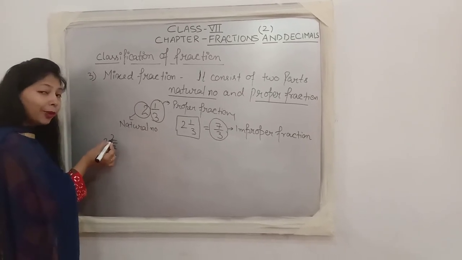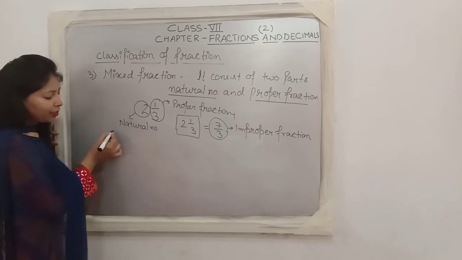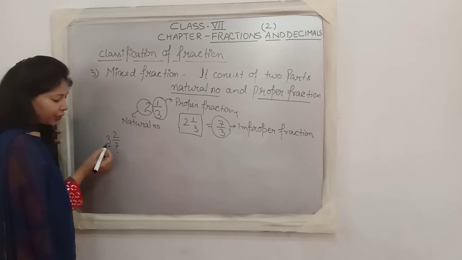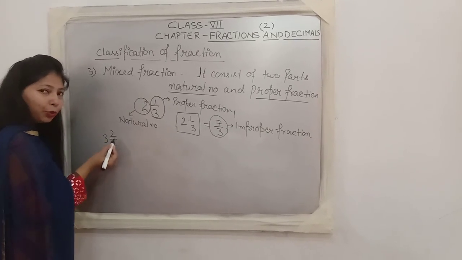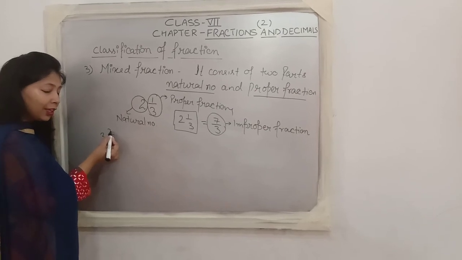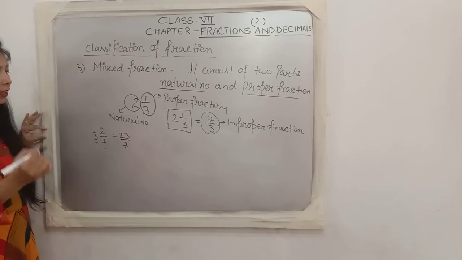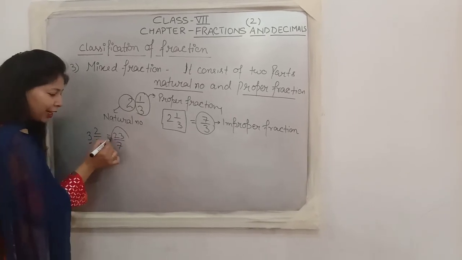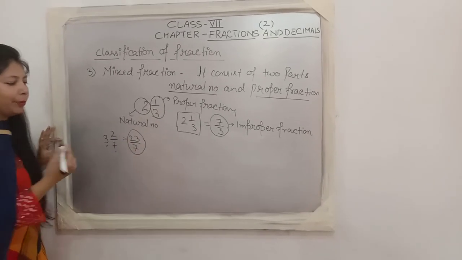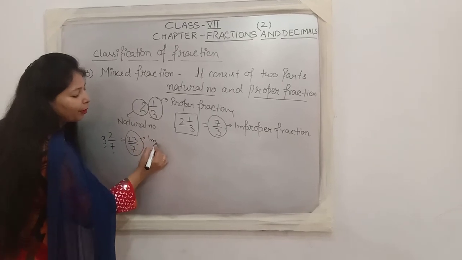Here the numerator is less than the denominator, so this is a proper fraction. Now 3 7s are 21, 21 plus 2 is 23, 23 upon 7. Again, which kind of fraction does this become? It is again an improper fraction.